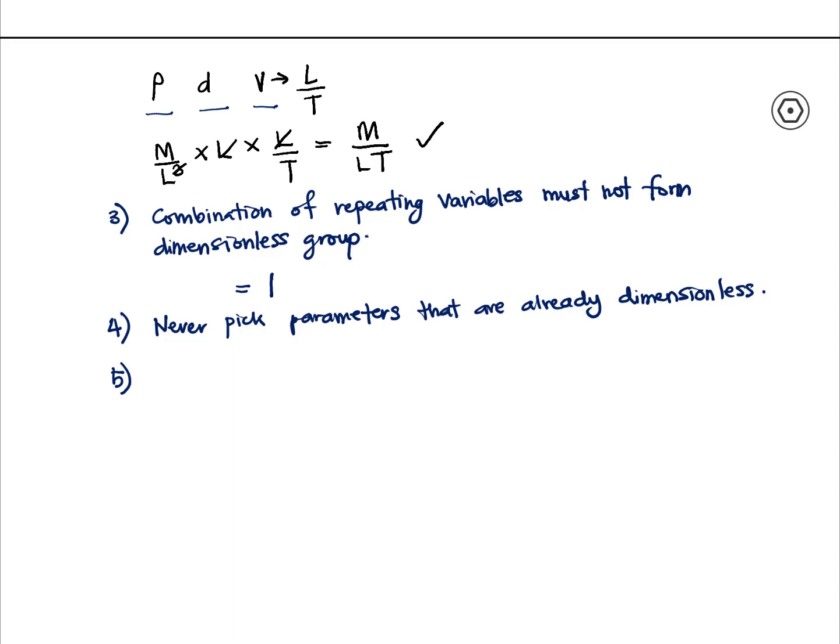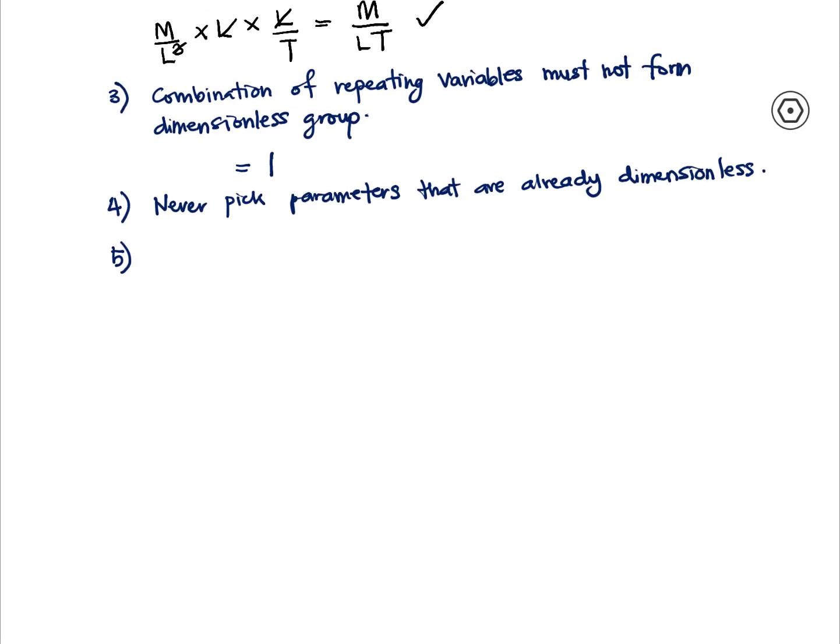So let's move to point number 5. Never pick two parameters with the same dimensions or with dimensions that differ by only an exponent.